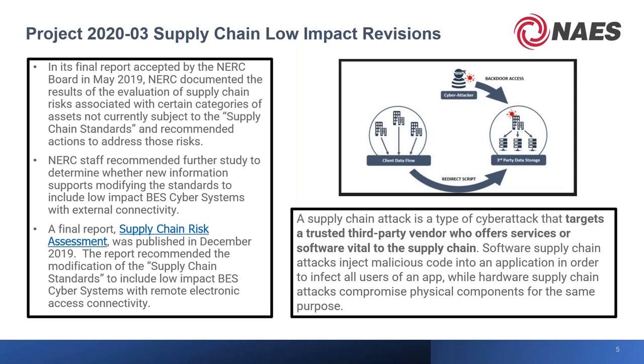That is the evolution of CIP-003-9. We'll get into what the actual requirements are a little later, but essentially it addresses a supply chain attack that targets a trusted third-party vendor who offers services or software vital to the supply chain.